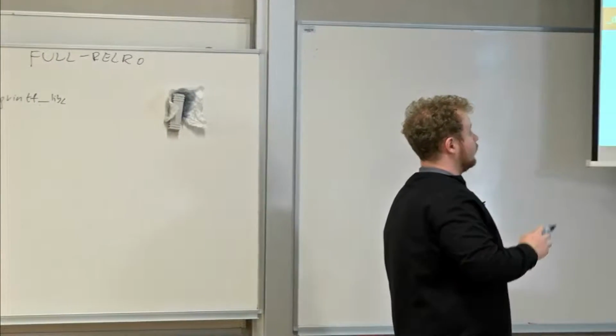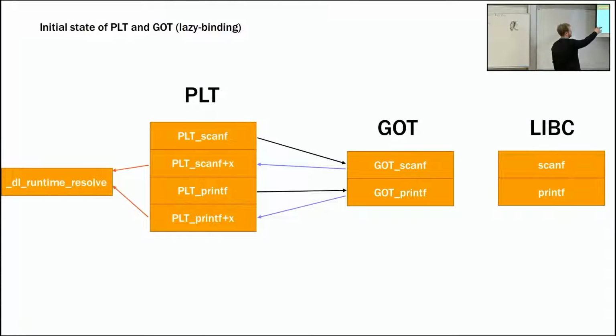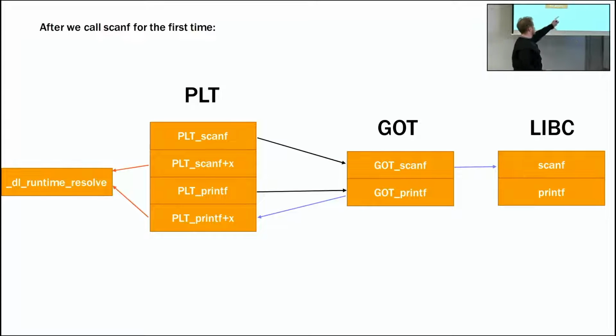Basically, whenever we want to call some of the functions, we jump to plt scanf, for instance, and at the beginning, the global offset table is pointing right back to the procedure linkage table, and there is some code that calls dl runtime resolve that internally resolves the address of scanf and writes it in the global offset table. So every other call of scanf is treated as if from a cache. The address in libc is already stored there, and so it doesn't need to be resolved again.